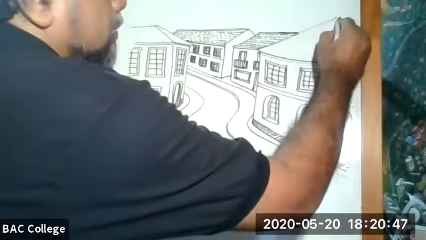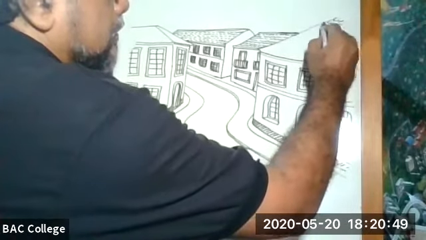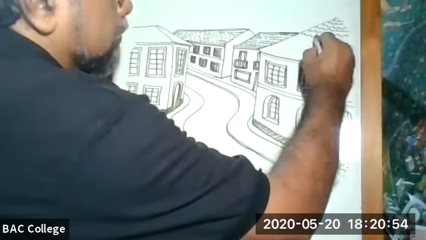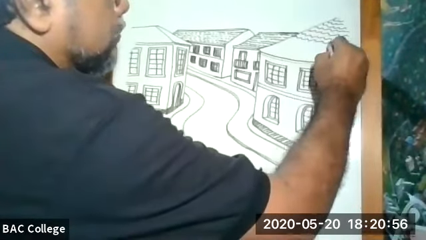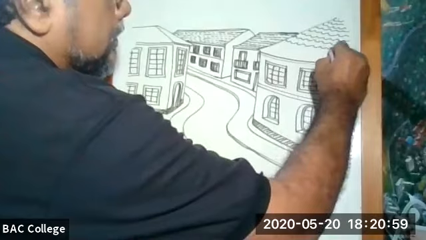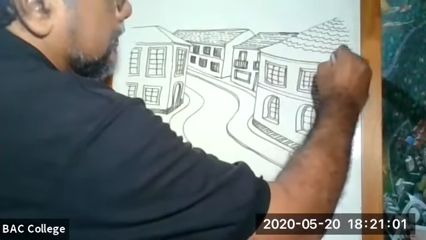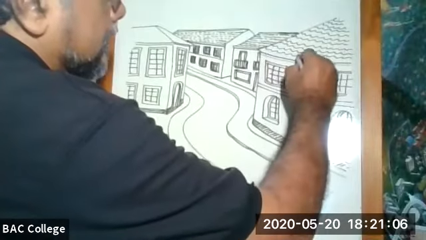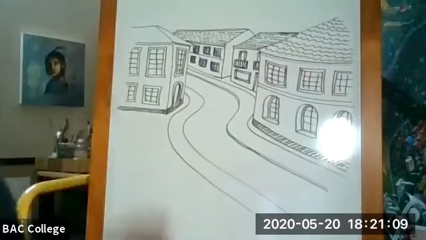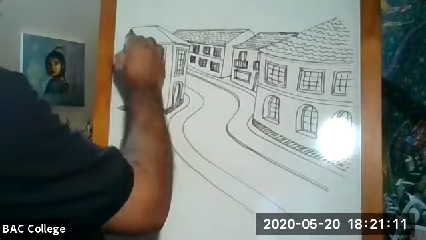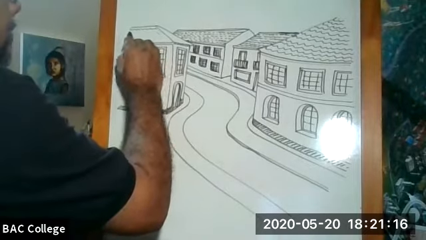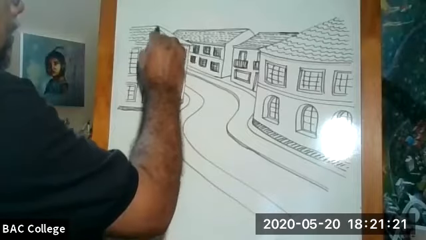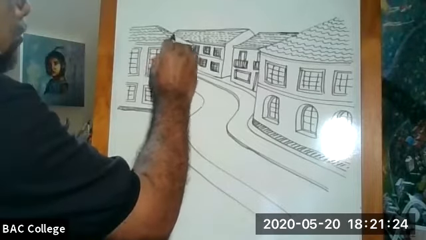And then here also you can give a roof like this, like a lot of U's or W's put together, just to show the tiles. Here also, like so. And on this side too.